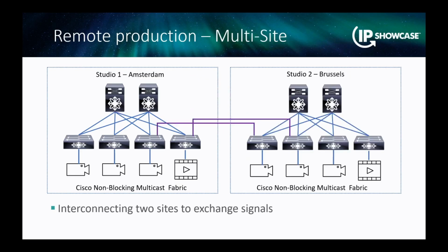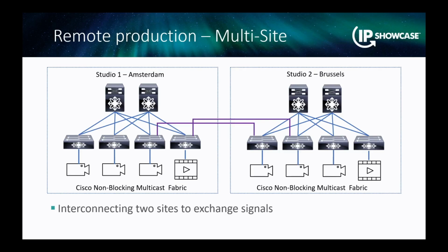But what happens if you have multiple fabrics? I illustrated this: let's say you have a fabric in Amsterdam serving this area over here, and another fabric in Brussels serving that area there. So serving the Netherlands from Amsterdam and serving Belgium from Brussels.